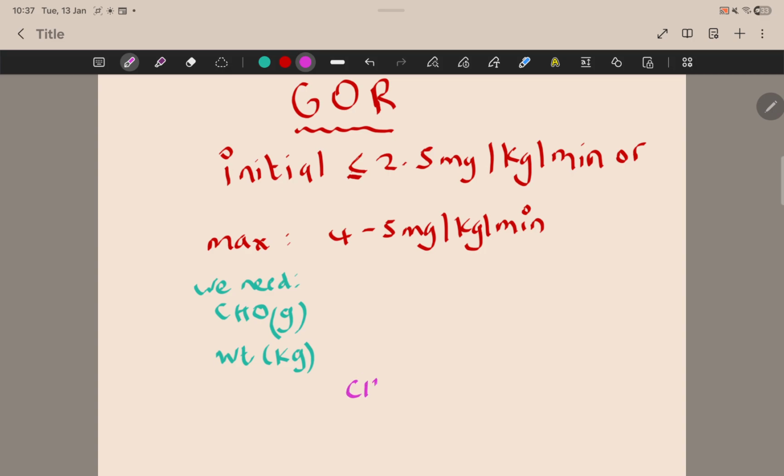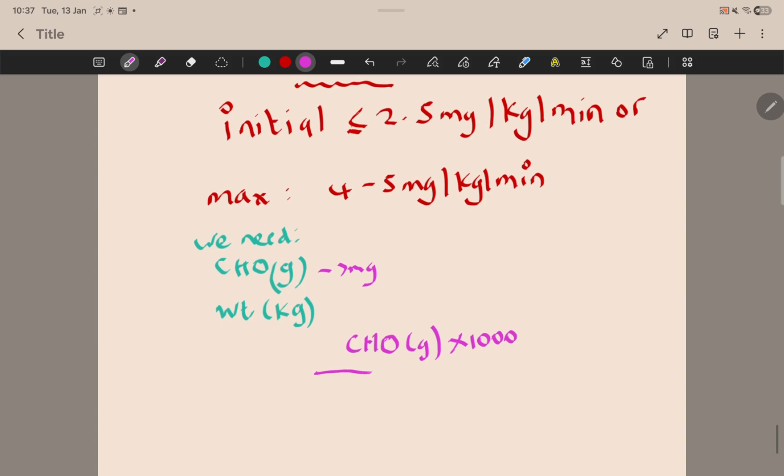We're going to put in the carbs, because we want to convert the amount of carbs from grams to milligrams. So grams to milligrams, we multiply by 1,000. And we need to divide because it's per kilogram per minute. So let's add in the minute calculation.